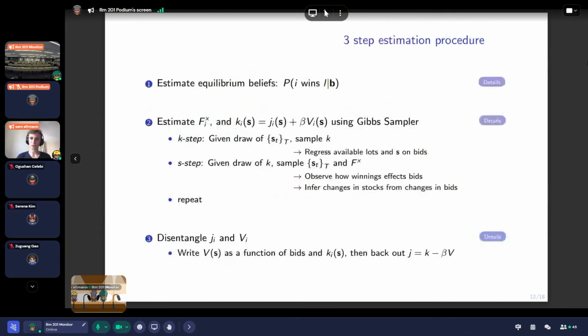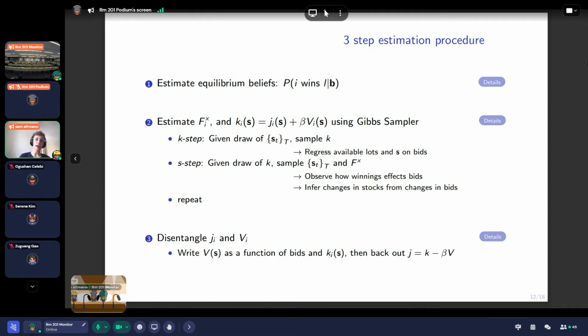Next. So to estimate this, I use a 3-step estimation procedure. In the first estimation step, I estimate the distribution of food banks' beliefs, so the probability that food bank i wins lot L given their bid. And this is standard in empirical auction studies.